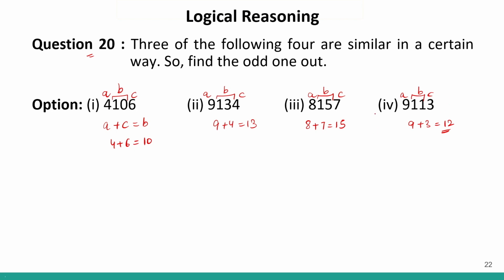So the correct answer to this question will be option number 4. This does not fit into the same logic. The logic is A plus C equals B. This logic is being used in each term, but over here it should be 9, 1, 2, 3 and not 9, 1, 1, 3. Therefore, option number 4 is the one that does not fit into any logic.